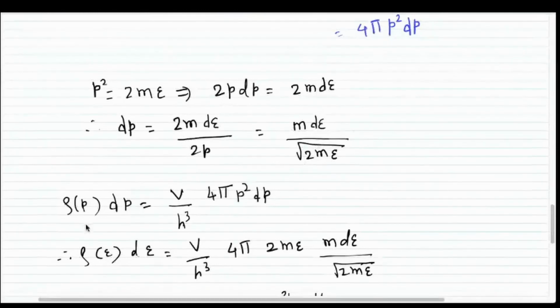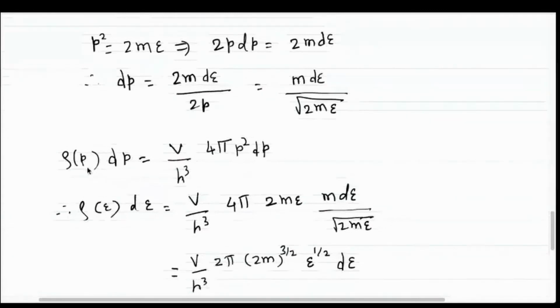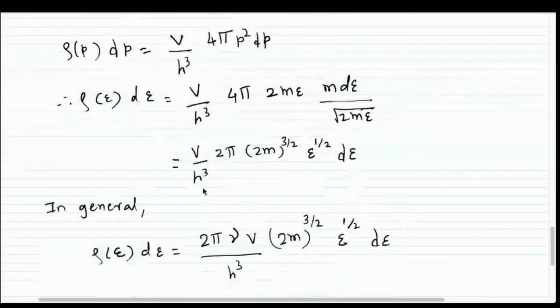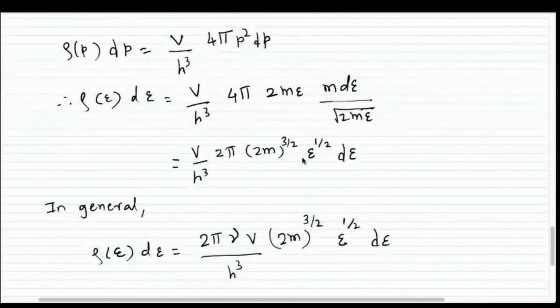So this equation rho p dp, which we have written in terms of momentum, now we can write in terms of energy as v upon h cube 4 pi 2mE m dE upon root 2mE, which is nothing but v upon h cube 2 pi (2m) raised to 3 by 2 E raised to half dE. Is this equation clear? So what we have shown is this gives us the distribution in terms of momentum and this gives us distribution in terms of energy.